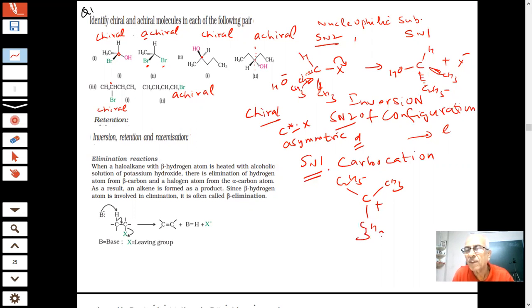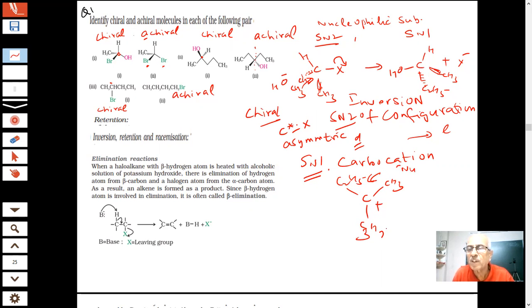Now this is a flat, planar molecule, planar 120 degree in the plane of the paper. What happens? The attack of the nucleophile can take place.